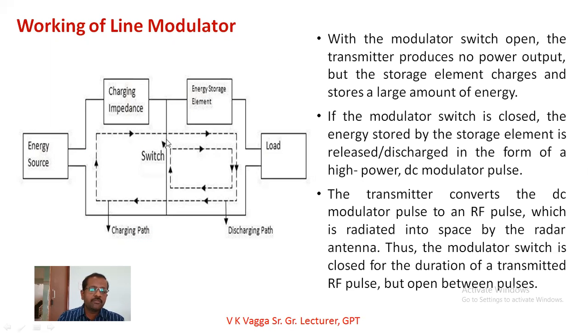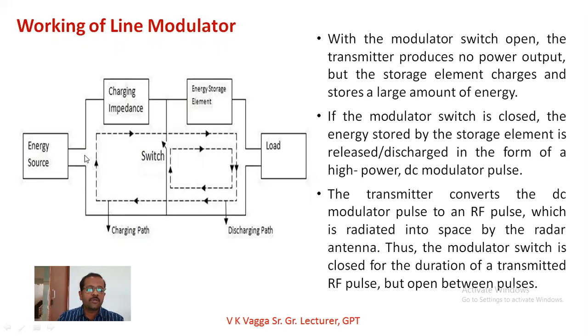See here, if this switch is open, whatever the energy source input, it is passed into the charging impedance, and afterwards it is passed to the energy storage element, and it will keep on charging. The energy will get stored here only, and at the load it is not going to flow any energy, but it is going to form the closed loop indicating the charging operation here.